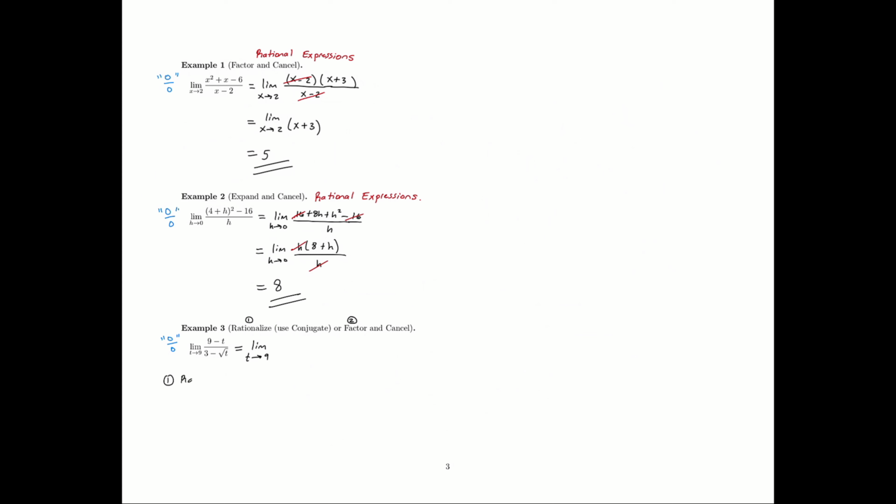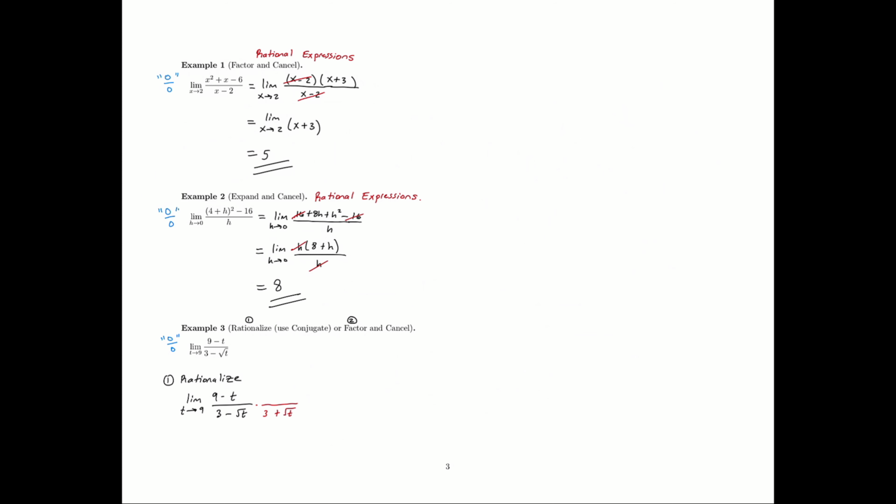So we're going to rationalize the denominator. So in this case, let's just pick up where we left off. So we have the limit of 9 minus t over 3 minus root t. So we're going to multiply this by the conjugate of the denominator. So the conjugate here, we just change the sign in the middle.